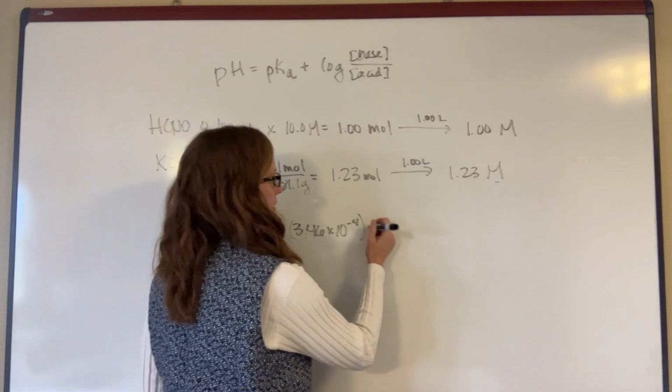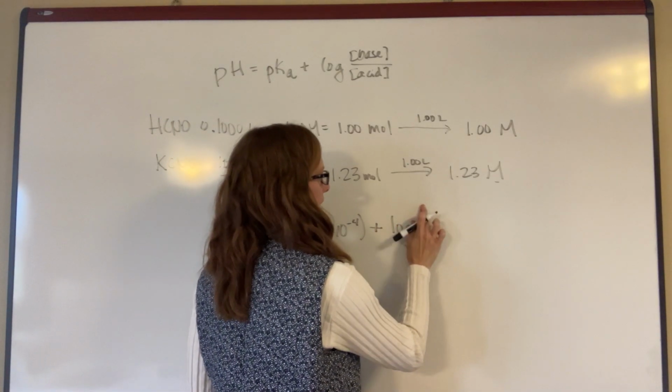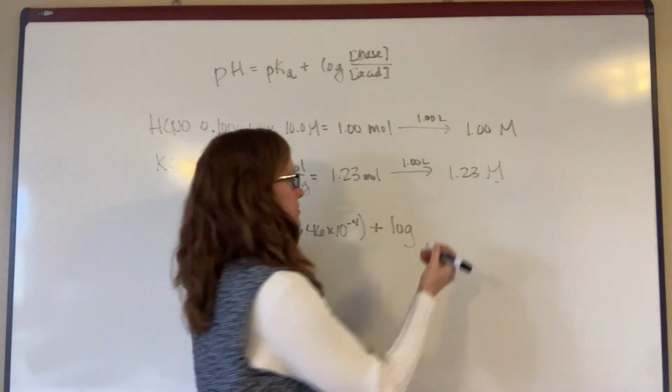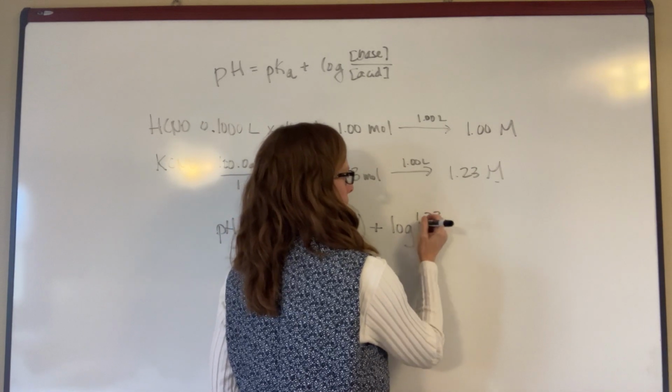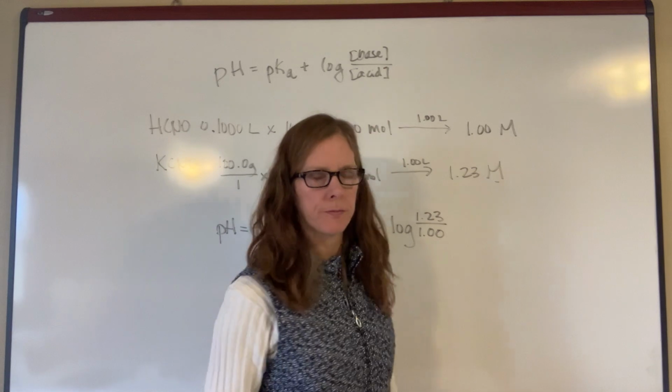Okay, plus the log of the concentration of the base. Well, the concentration of the base comes from this, so that's 1.23 over the concentration of the acid, 1.00. Okay?